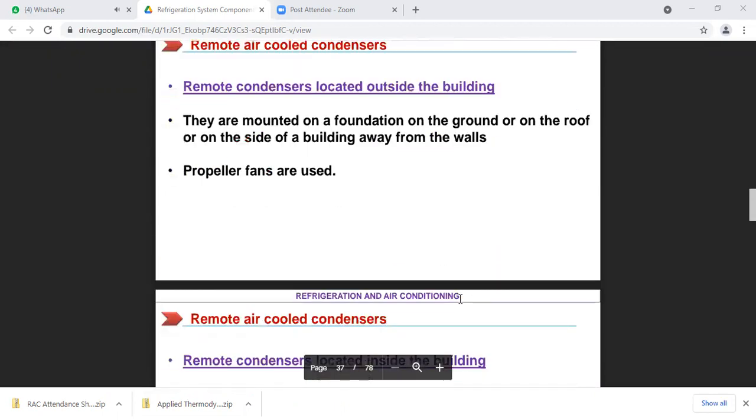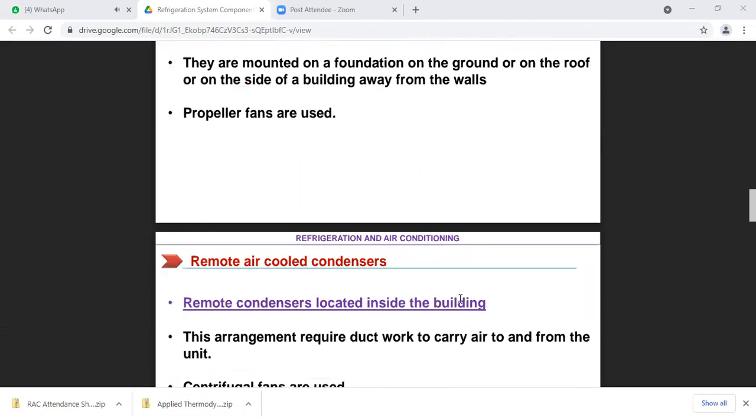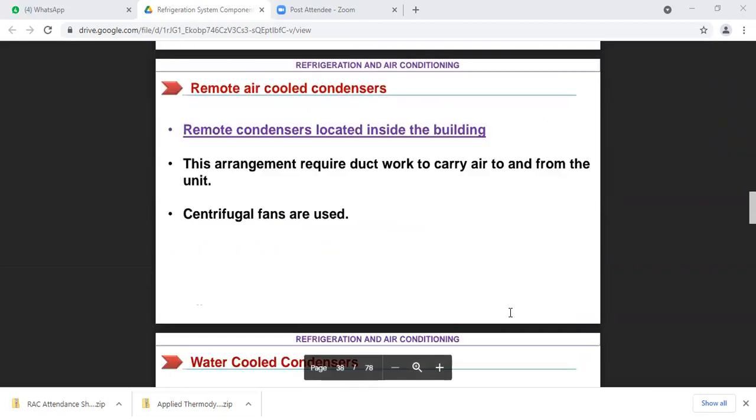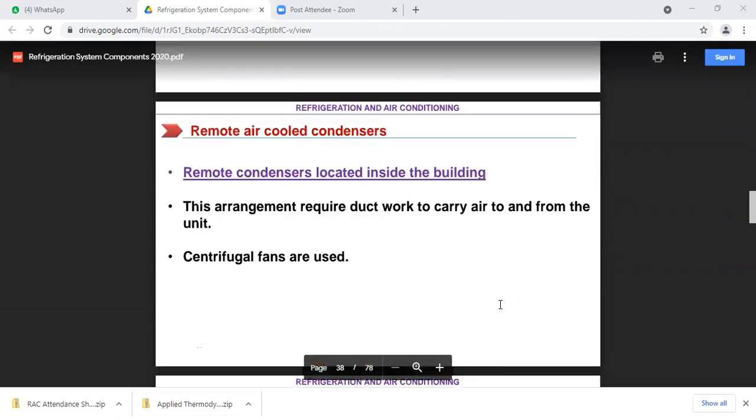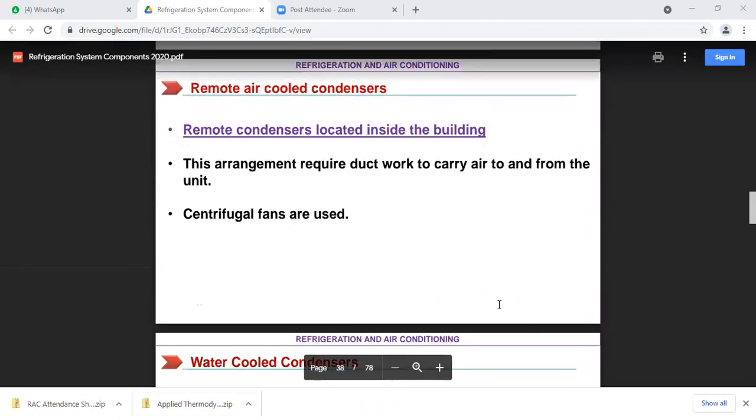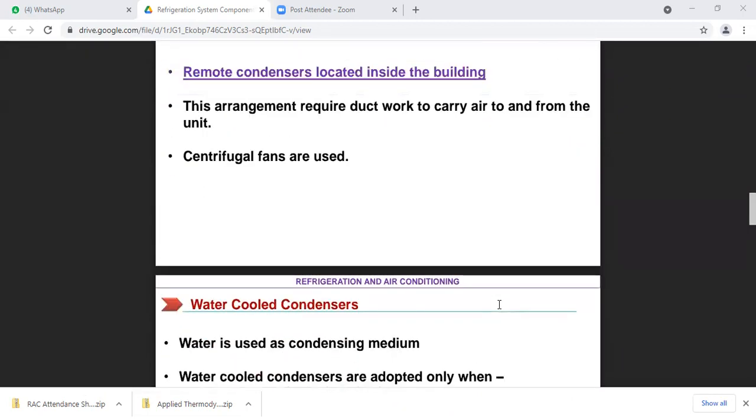But in the case of the remote air cooled condenser, these are located outside of the building, on top of the roof, or on the side wall of the building. So a ducting system is required to transfer the cooled air.